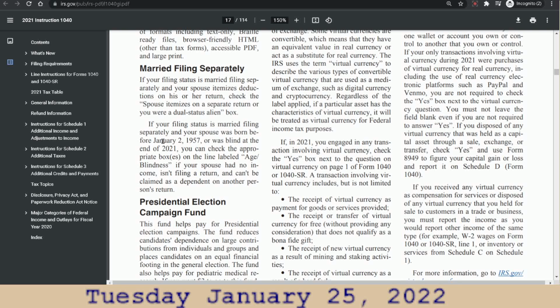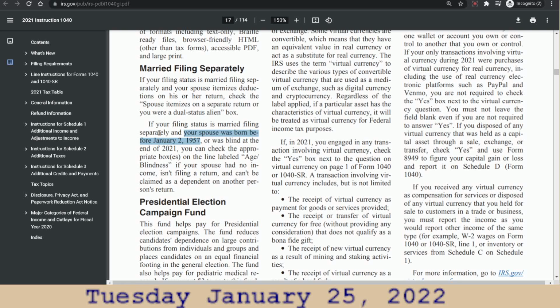I mean, the best thing you can do, this is the way I do it, I put that on one line by itself, and then I write, your filing status is married filing separate. So then I write married filing separate if that was me, right? Then I would put a plus sign. And then I would put my spouse's birthday, let's say my spouse was born before January 2nd, right?